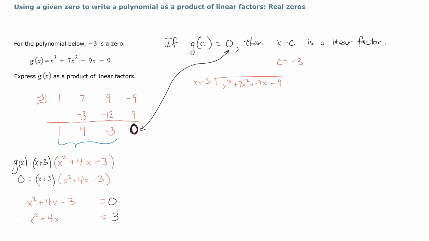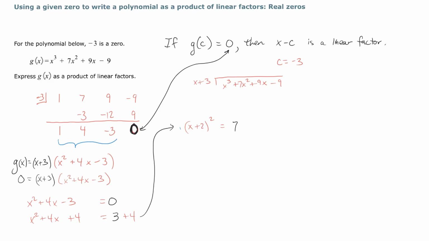I need to add something to both sides and complete the square as well. So take this 4, divide by 2, we get 2, square it, we get plus 4, because 2 squared is 4. So I'm going to add 4 to both sides. And now what do we have? We have the quantity x plus 2 squared is now equal to 7.